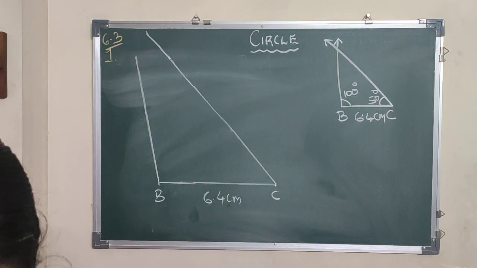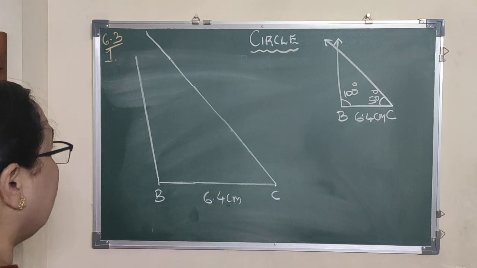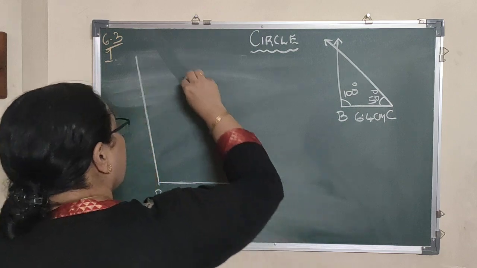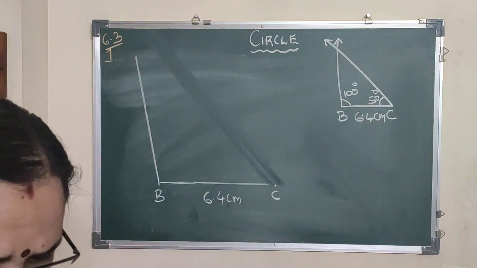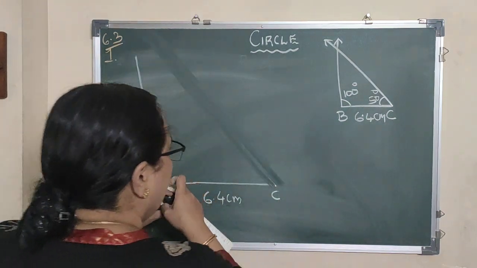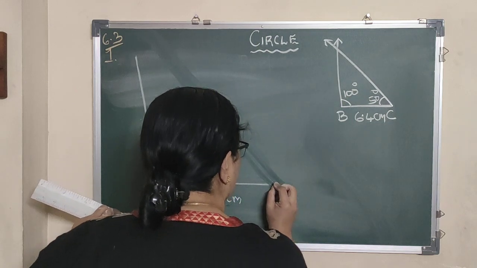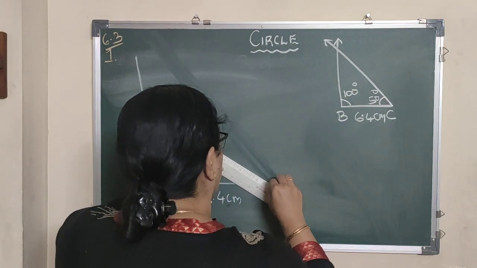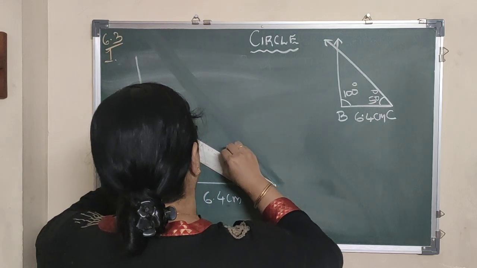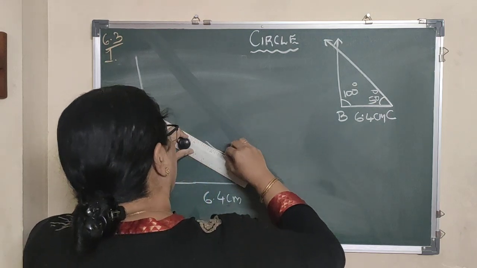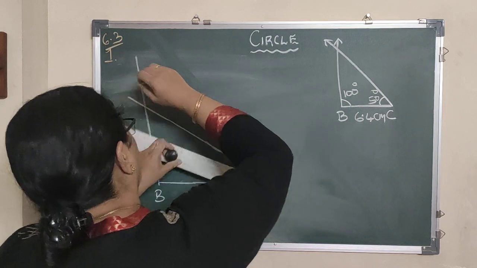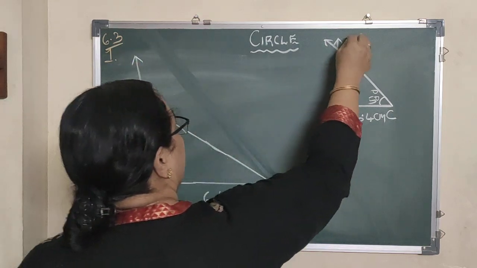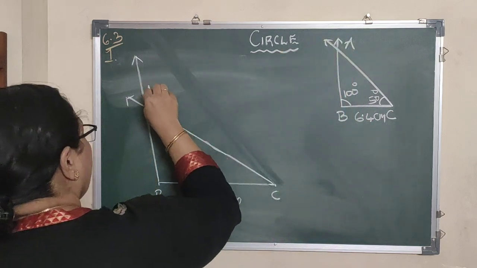So I do a little bit of manipulation so that I get it in the range of my board. So here is point C from here. So here is point A.